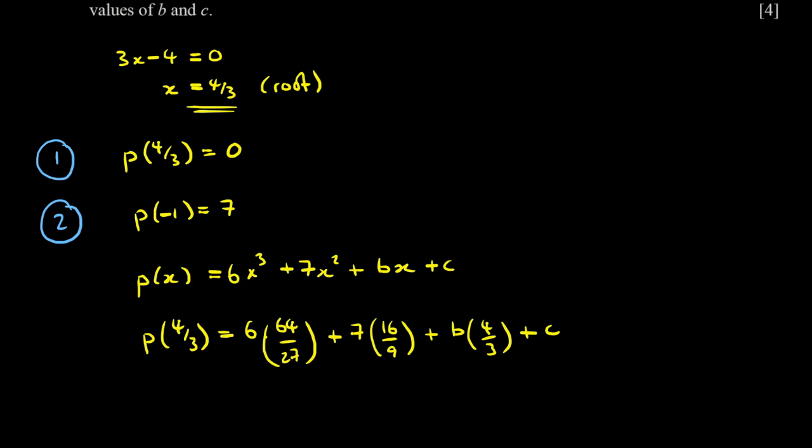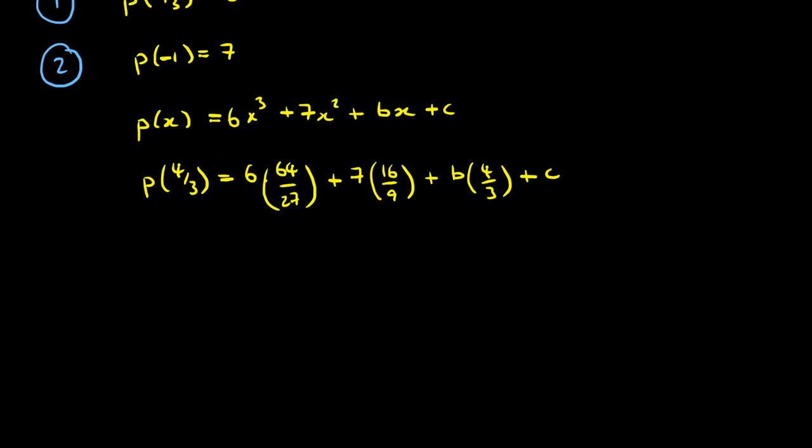Okay, and what we're saying is, well, that thing is equal to 0. So 0 is equal to 6 times 64 upon 27. Well, we can cancel off by dividing top and bottom by 3. So we're going to get 2 times 64 over 9 plus 7 times 16 upon 9 plus b times 4 upon 3 plus c.